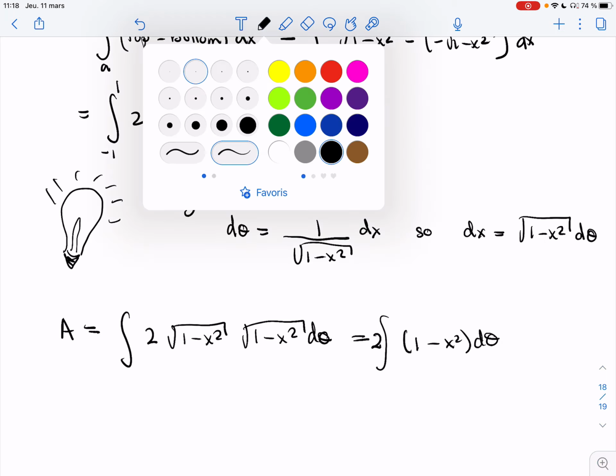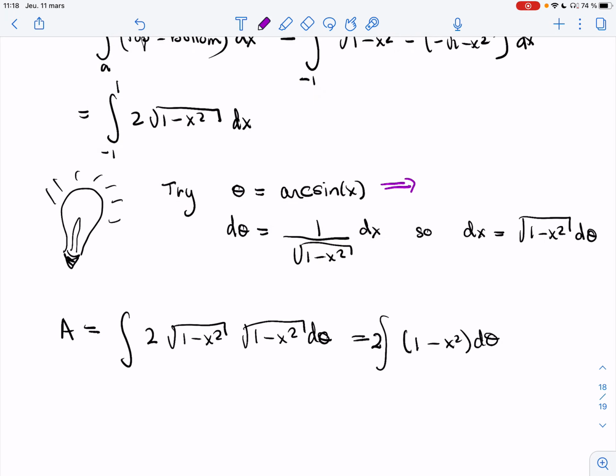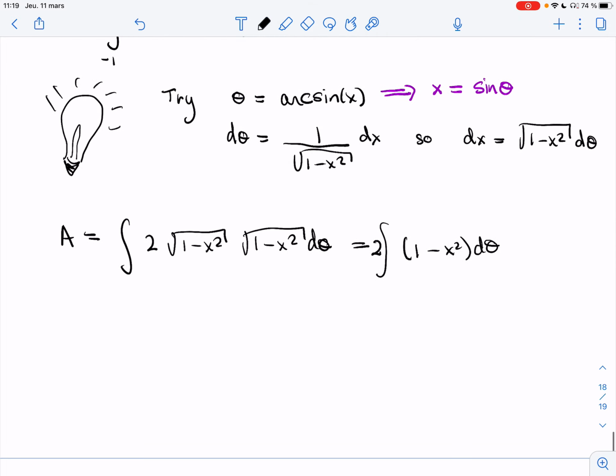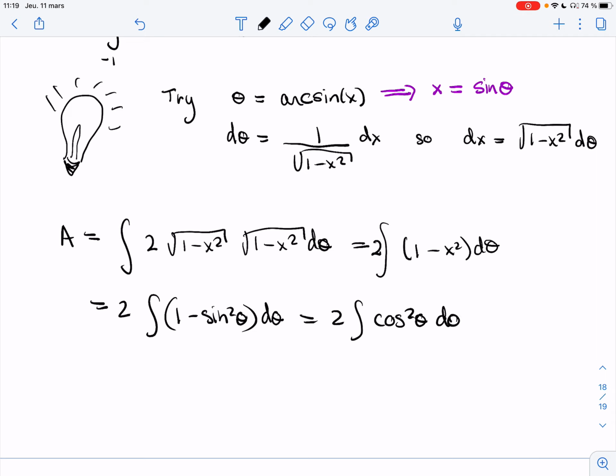Well, it turns out it's going to work, because I can actually isolate x. If theta is arcsine of x, then x is sine of theta, right? Their inverse function. And so what I'll get here is 2 times the integral of 1 minus sine squared theta d theta, and I'll take an extra step and write it as cosine squared theta, because that's what we'll have in our method that we'll see next section.